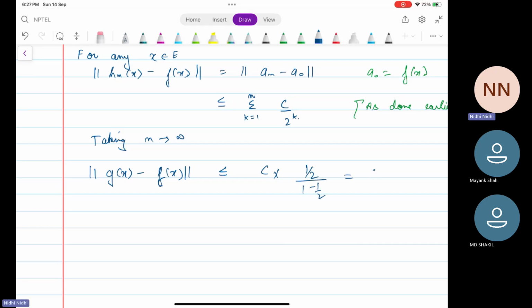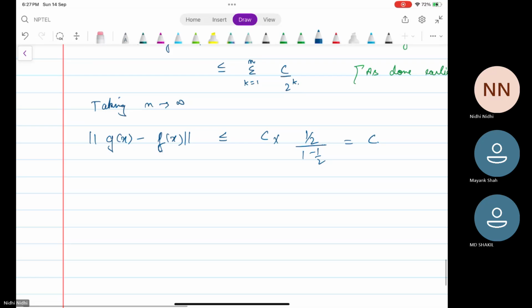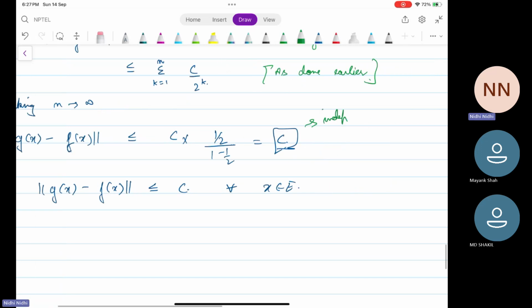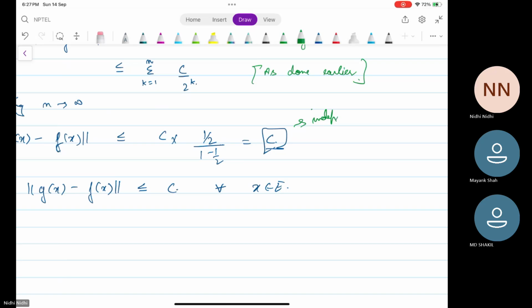So this is just c. This implies norm g(x) minus f(x) is less than or equal to c for every x in E, because c is independent of x.